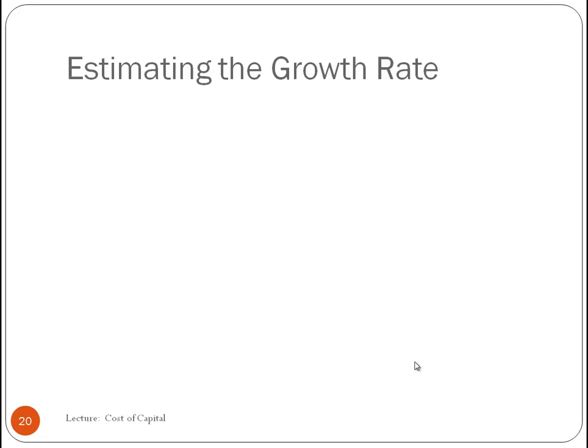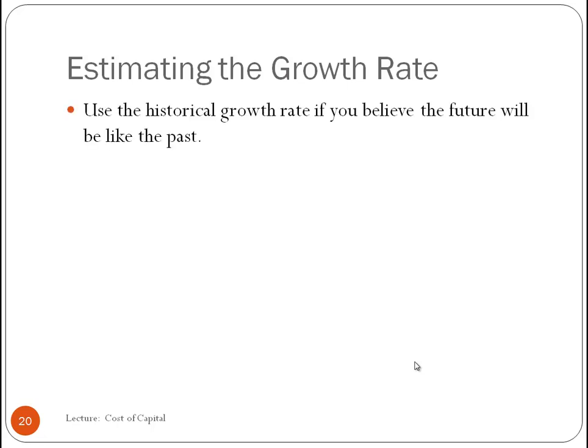One issue with using the DCF is we need to be able to estimate the growth rate. That's a key factor in this. The dividends we can look up historically, and it may or may not be accurate, but we can look it up. The growth rate is really the key driver.